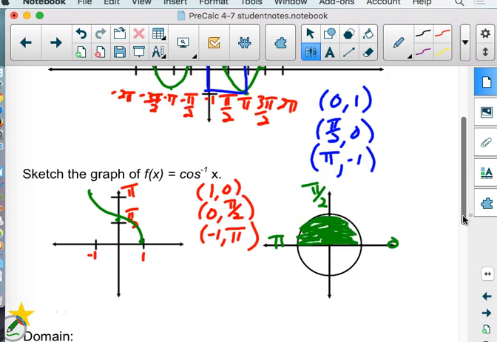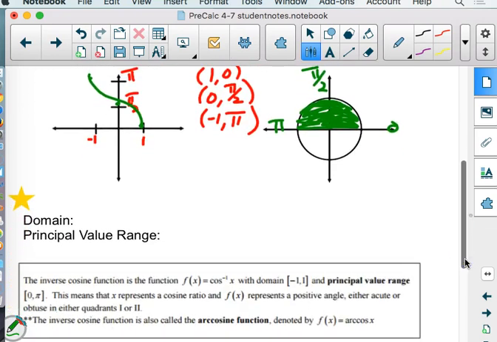So when we think about our PBR for cosine, our domain is still going to be from -1 to 1 for our inverse. But unlike sine, this one is going to go from 0 to pi.